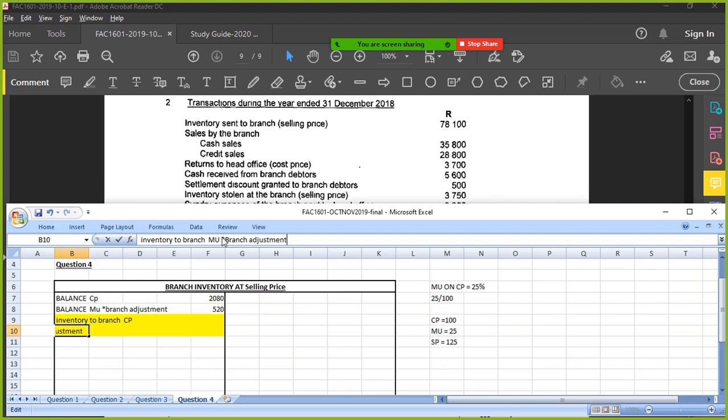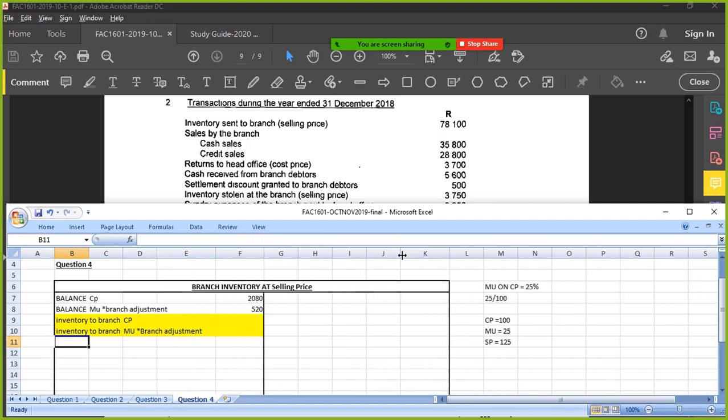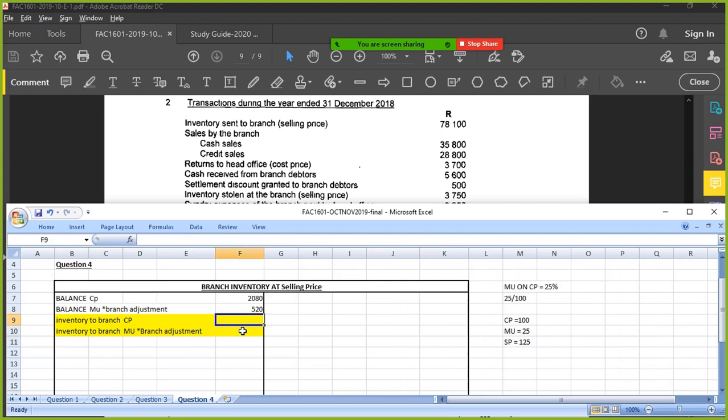So it relates to the inventory to branch, but it relates to stock that they've given to the branch at selling price. What is it? 78,100 times 100 over 125. Actually, let's just copy it. And then the markup is the 25. And if you add the two amounts together, you get 78,100. It's the correct amount. Good.